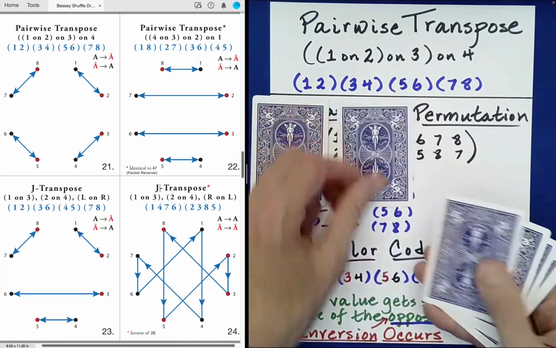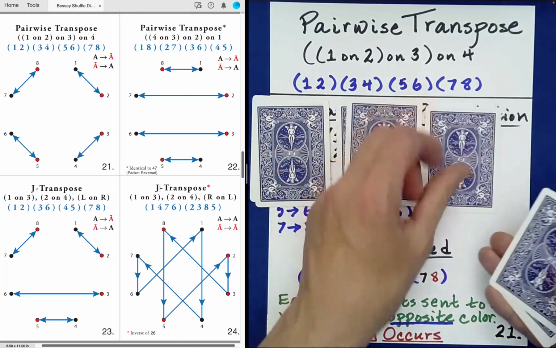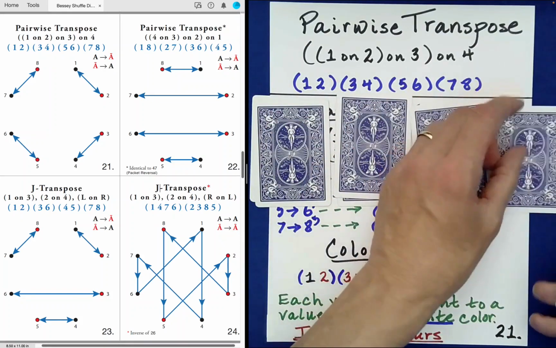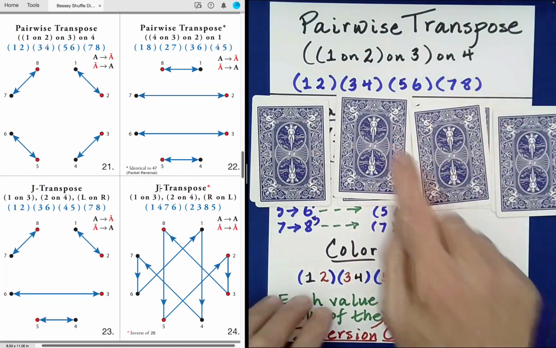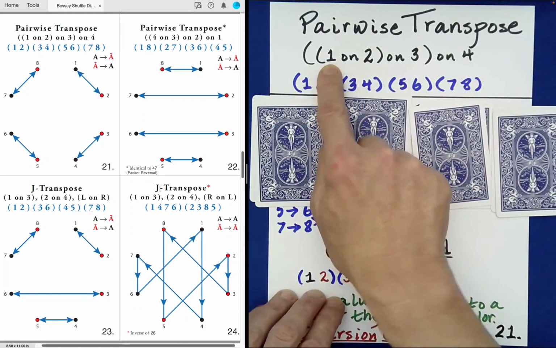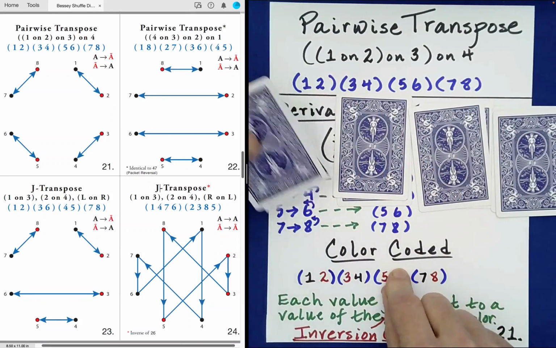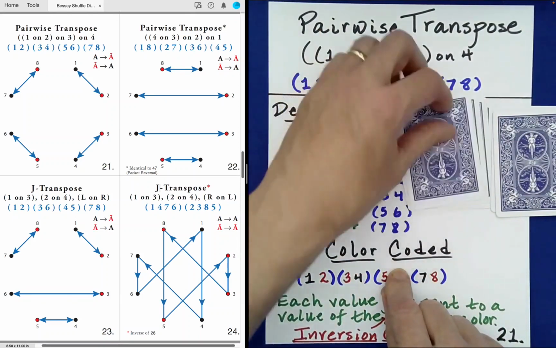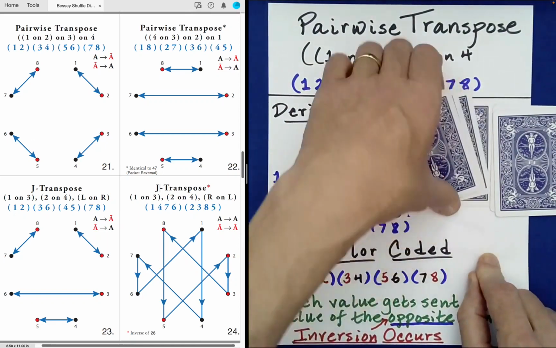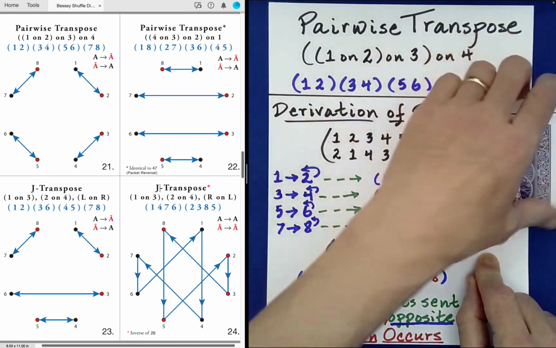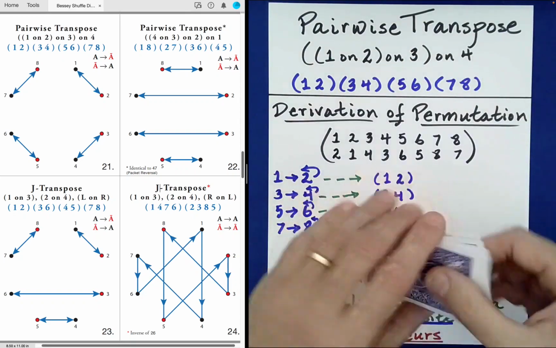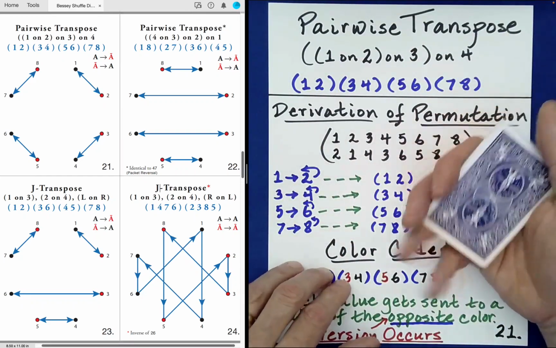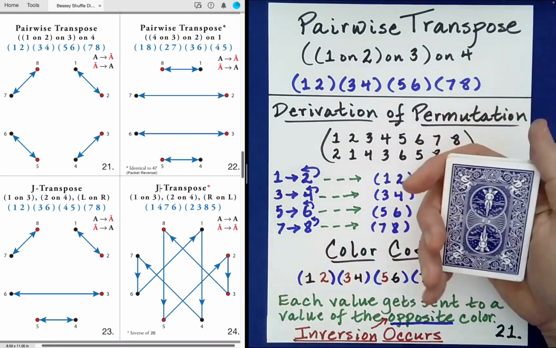So you do 1, 2, 1, 2, 1, 2. And now we're going to stack 1 on top of 2. Those 4 cards get stacked on top of 3, and those 6 cards get stacked on top of pile 4. And that's equivalent to what we just did a moment ago, where we did it in hand.